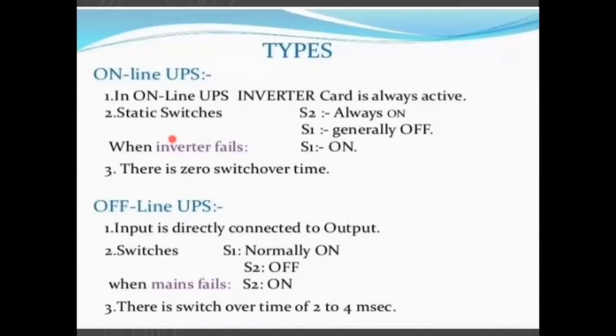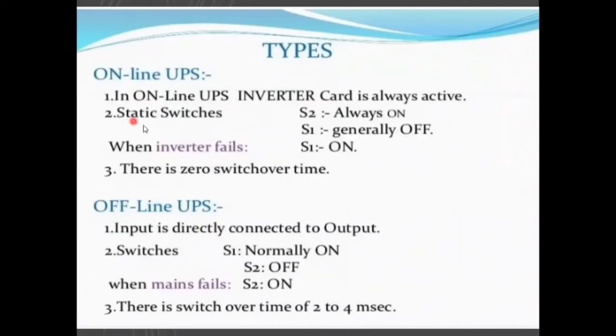Already we have discussed blocks S1 and S2, static switch 1 and static switch 2. Whenever the AC main supply fails, the static switch is on. So this is the online UPS, the inverter is always active here.